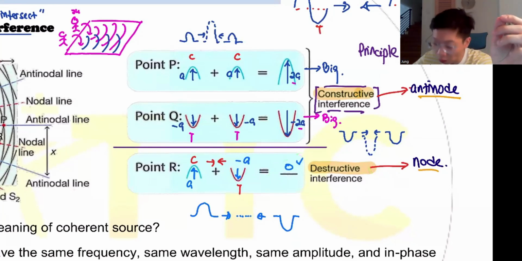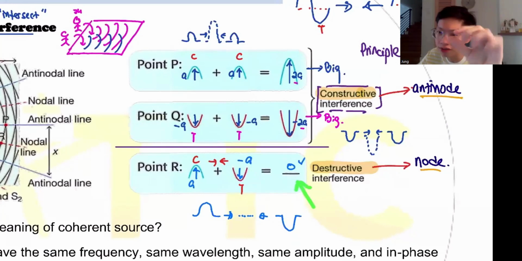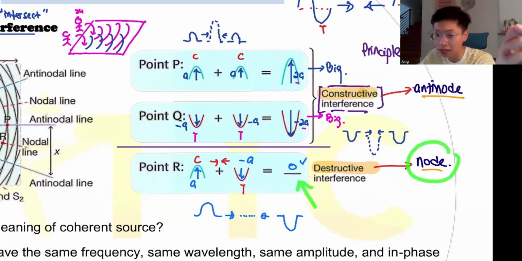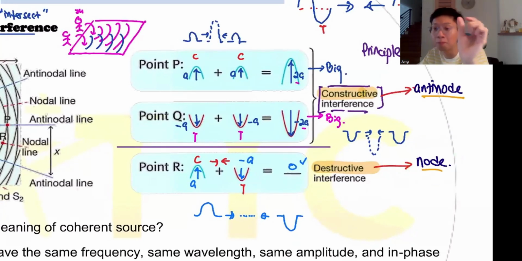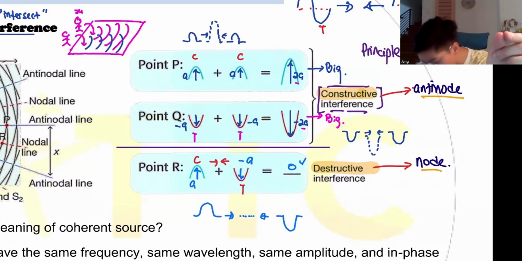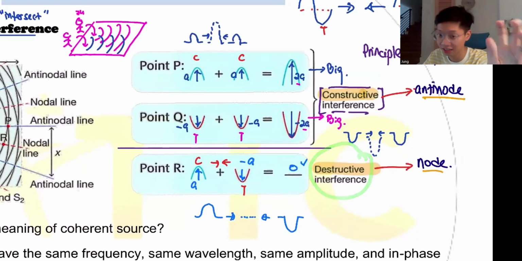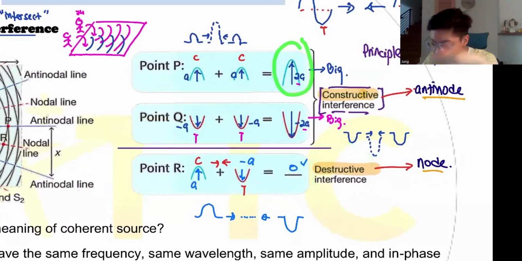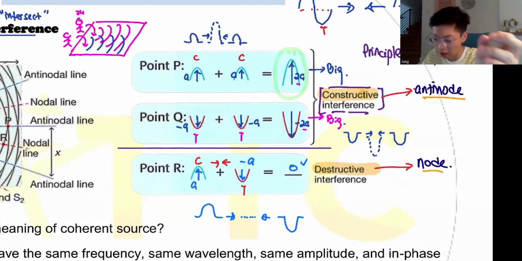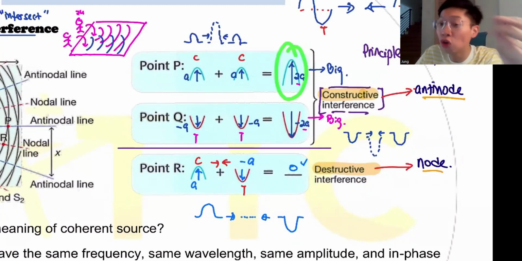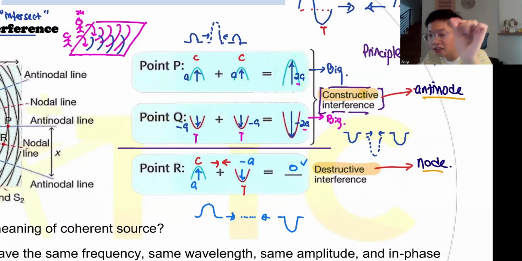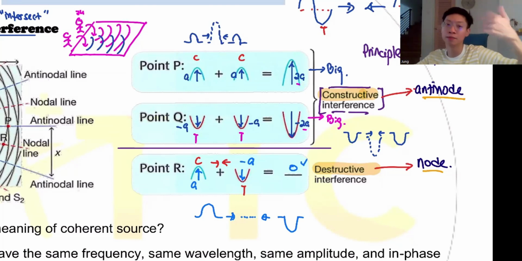If they ask you what this point is, there's no name for it, we call it a node. So this point is called a node. What happens at this point is destructive interference. Like for example, this point also has no name. This one also has no name. We will just say this is an antinode, the point of antinode, and constructive interference occurs, because you got a crash, a collision, that's all.